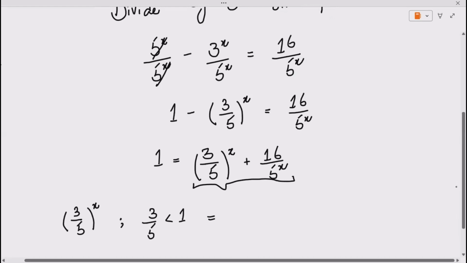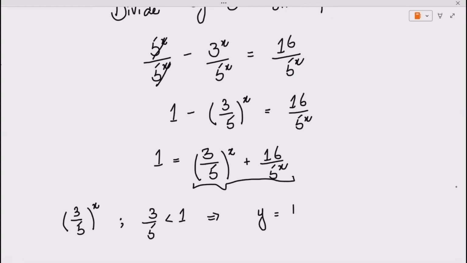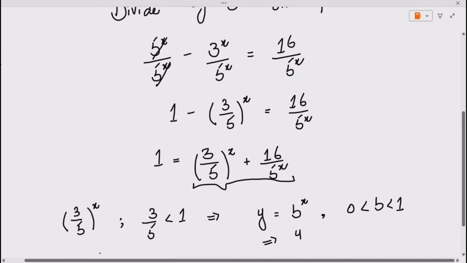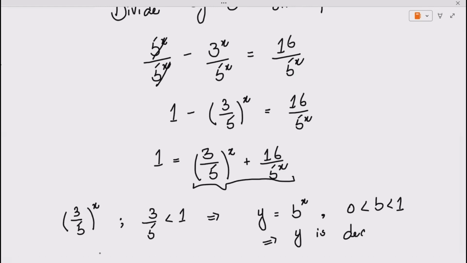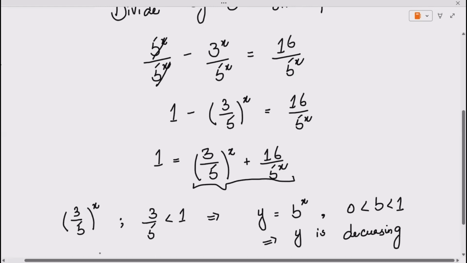And we know that if we have a function y equals b to the power x, here b is 3 upon 5, the power is x, and b is less than 1 and greater than 0. So this implies that y is what? Decreasing, right? So y is a decreasing function because whenever you increase the value of x, the value of y decreases, because this b is less than 1.